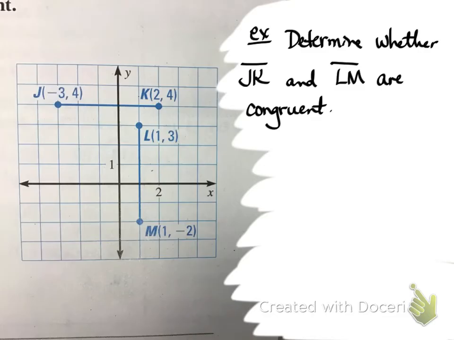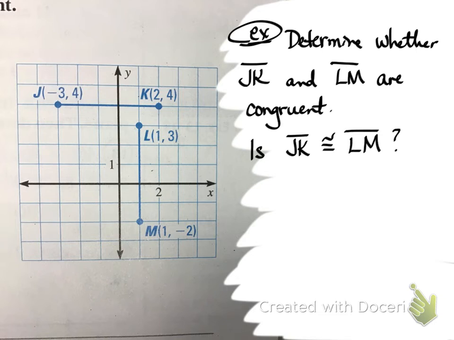Okay, this is the last example in this section, and it's a picture of a graph that I took from page 11 in your books. And they ask you in the example to determine whether segment JK and segment LM are congruent. So they want to know, is segment JK congruent to segment LM? That's the question we're asking.